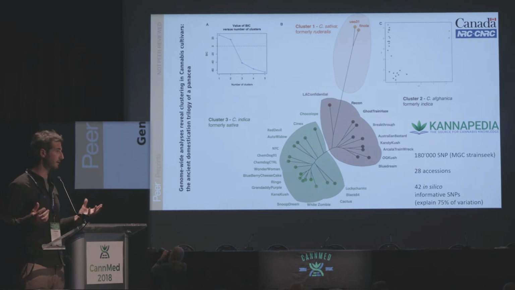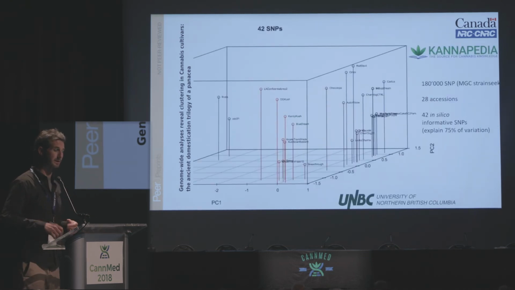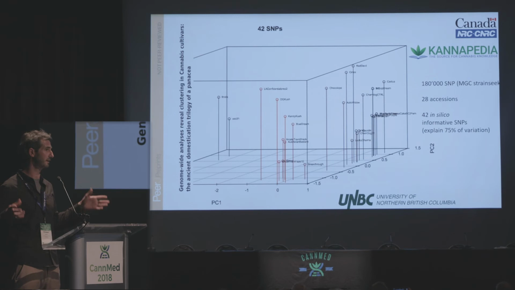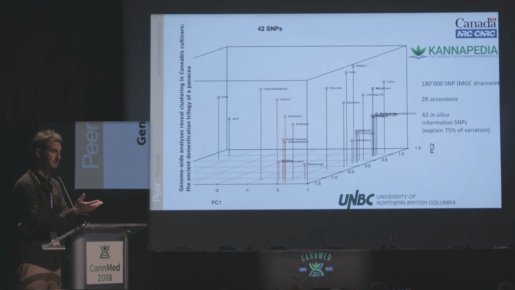So in silico, I used statistical analyses like discriminant analysis of principal components to reduce this 180,000 SNP data set to a set of 42 that, on the computer, provided the exact same pattern. And here's something that I also did way back in the day, a 3D PCA, that was then used by some other groups presenting their data in a fashion like this, but it's the same principle here.